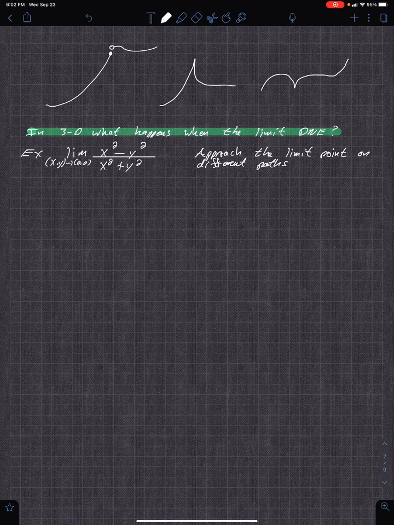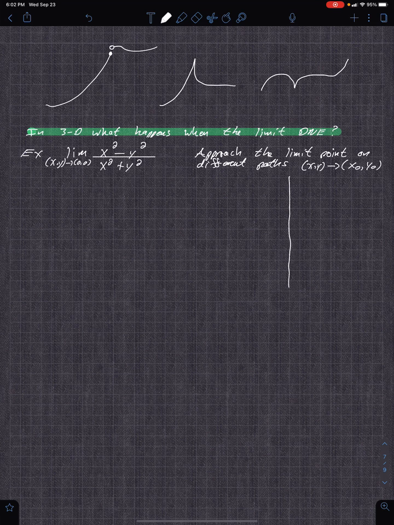So as xy approaches your point x naught, y naught, in this case 0, 0, what different paths basically go through 0, 0?